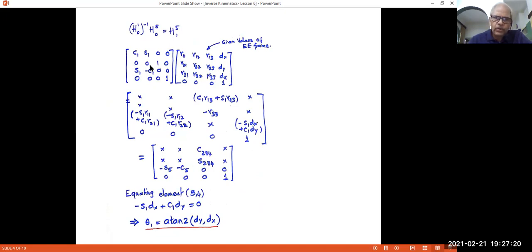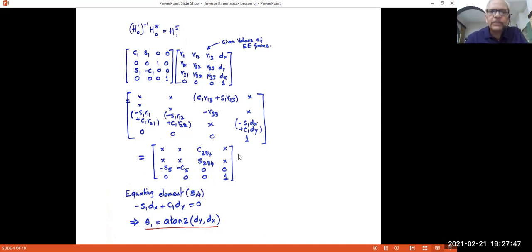The result of these two is this matrix, of which I gave only these two terms and this. And on the other side, what you have is H51. It will have something like this. I again gave only these two terms. These are going to be useful to us. Other terms are not useful, so I didn't represent them, just marked them with a star. Okay. So what do we do now?